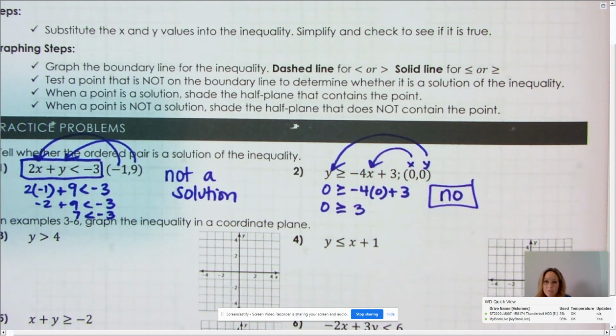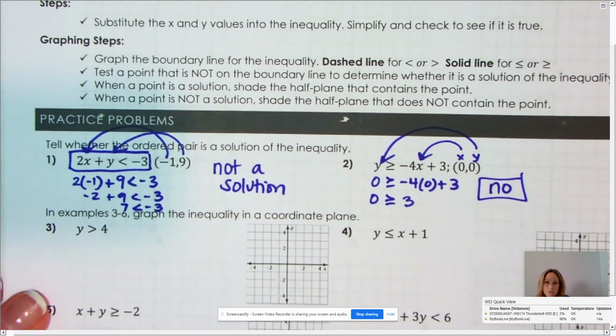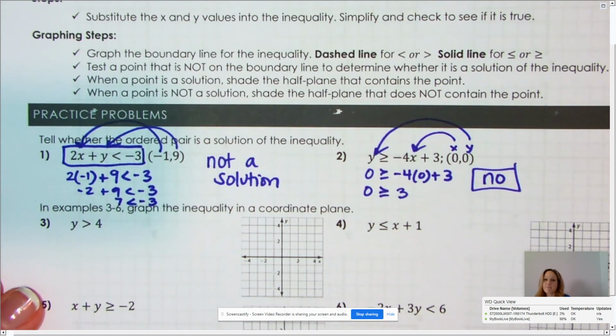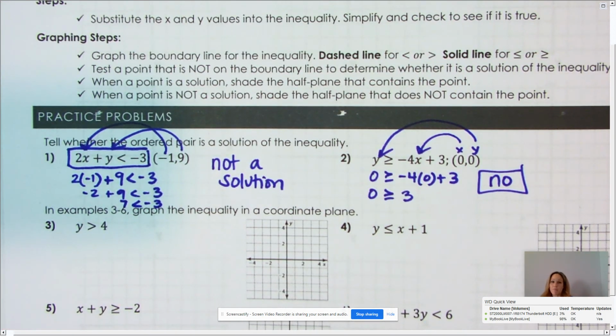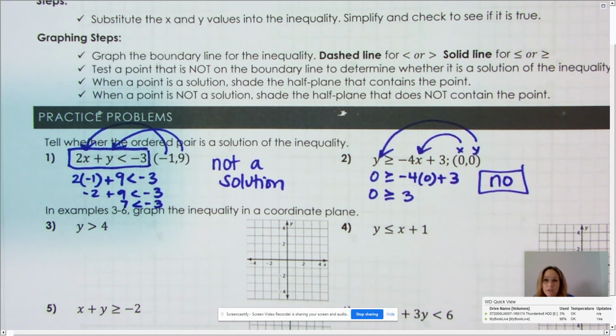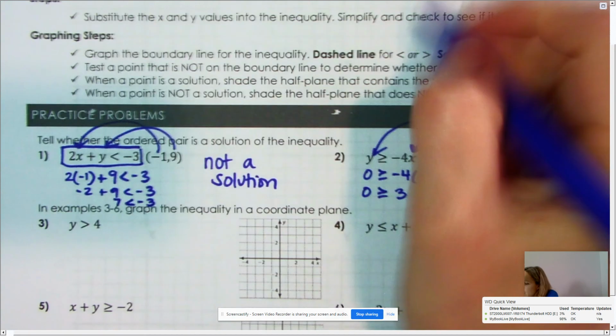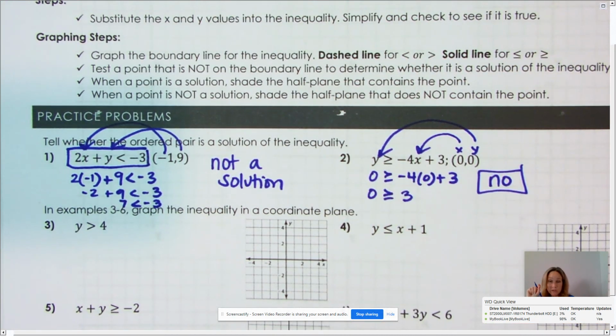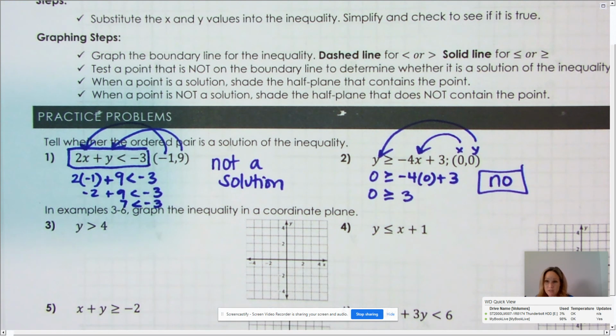Okay, question number 3 says graph the inequality in a coordinate plane. So we're going to start by graphing the line. But here's something that I skipped over a little bit. Remember we were doing open circle, closed circle when we're just on a number line? Well, if we have 2 variables, then instead of just a dot, we're going to have a line as our barrier.